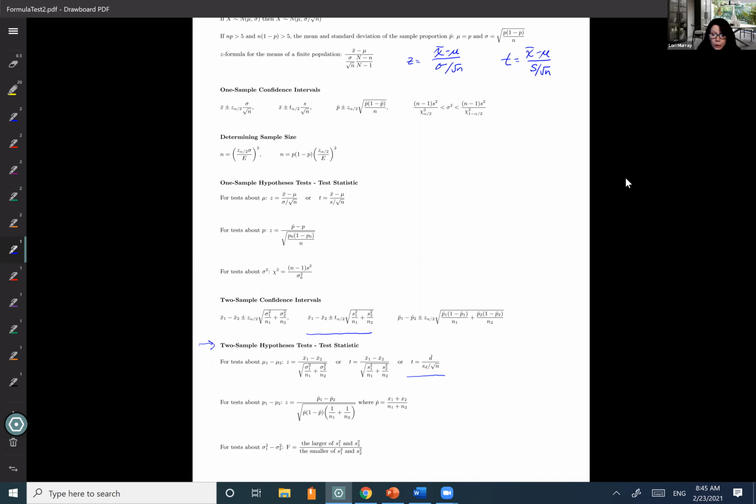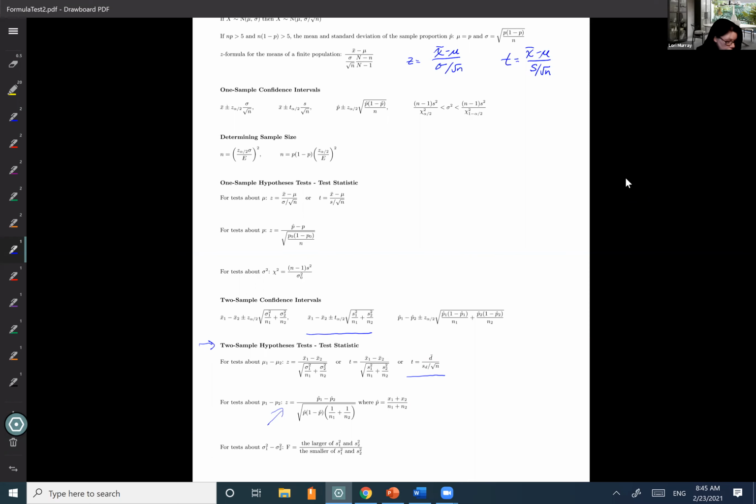The difference between two proportions, again, always Z. Always use Z when you're dealing with proportions. Here is the difference between two population proportions. And then you put the hats on, that denotes the samples from each population. And in the denominator for the test statistic, we pool them together.